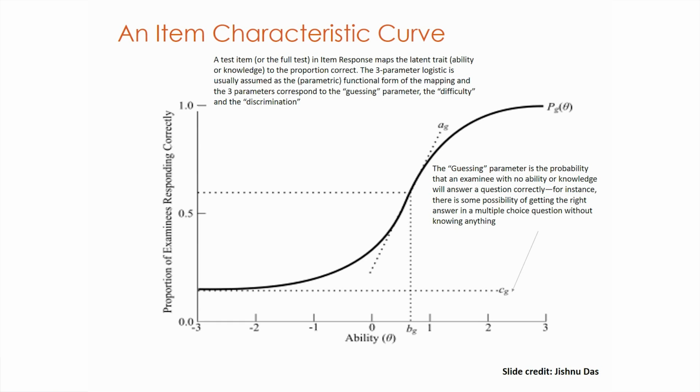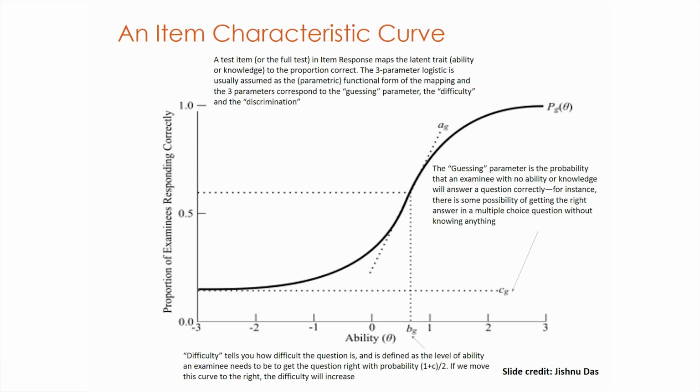So that captures the guessing parameter: even if your learning level or ability is like -3, you would still have a c percent chance of getting that right. Now, if you look at the curve, there are 2 other pieces that show up. There's the difficulty, which in this graph is b_g.